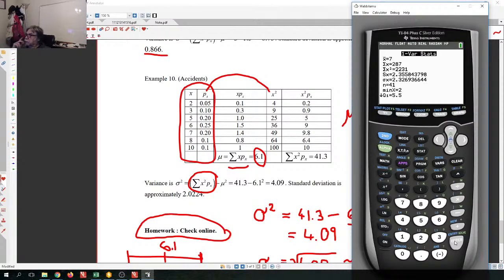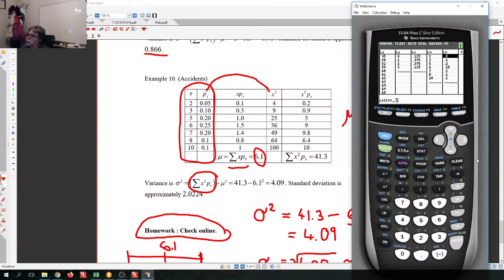And you will see that you get, oh, I think I have something wrong. This is obviously something that I messed up. Let me check it out again. So I have 2, 3, 5, 6, 7, 8, 10. And then in the second line I have 0.05.